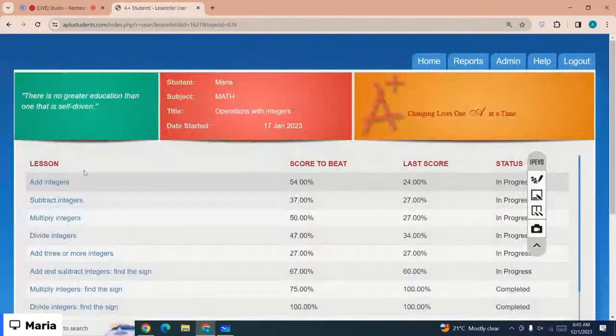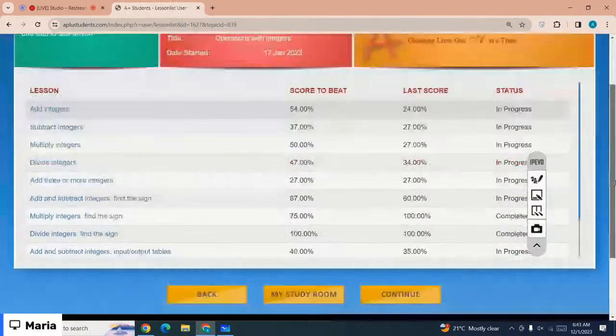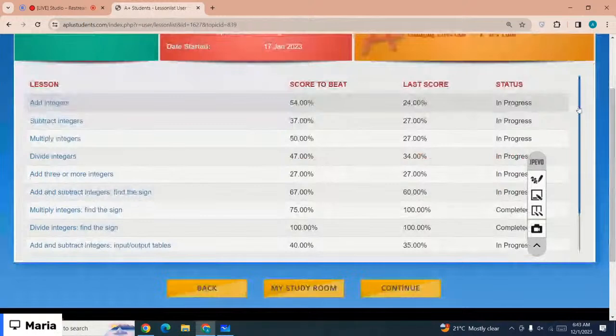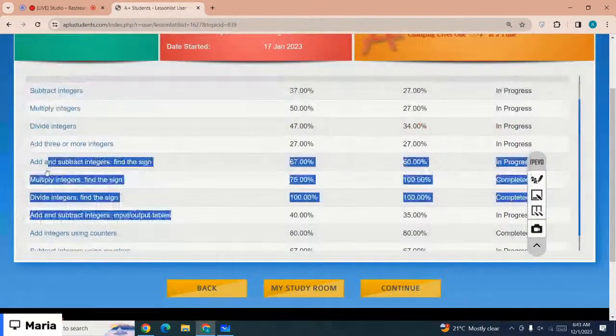The chapter we're working on is operations with integers, and the lessons we have covered today are add and subtract, find the sign, multiply integers, find the sign, divide integers, find the sign, and add and subtract integers, input output tables, right? So please make sure before the next session you can complete all the practice questions of the lessons we did today.